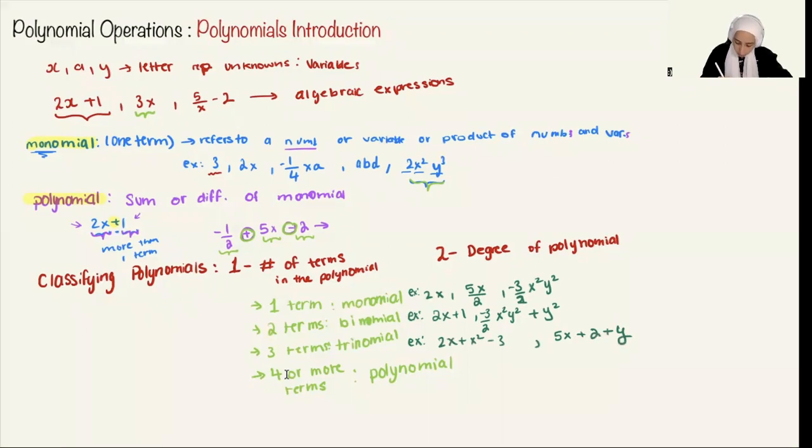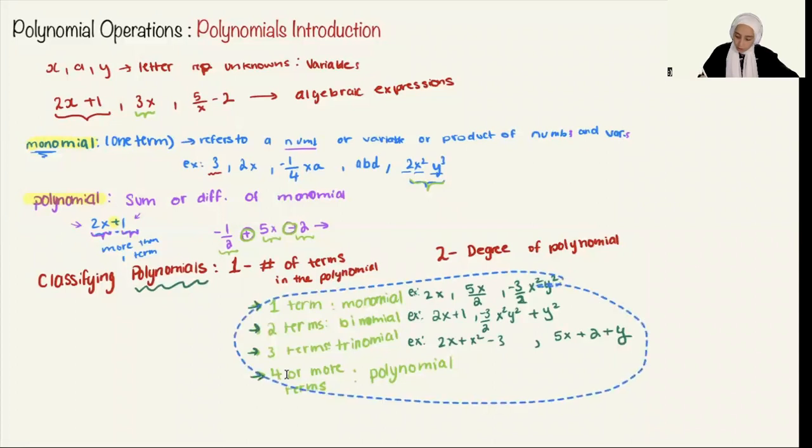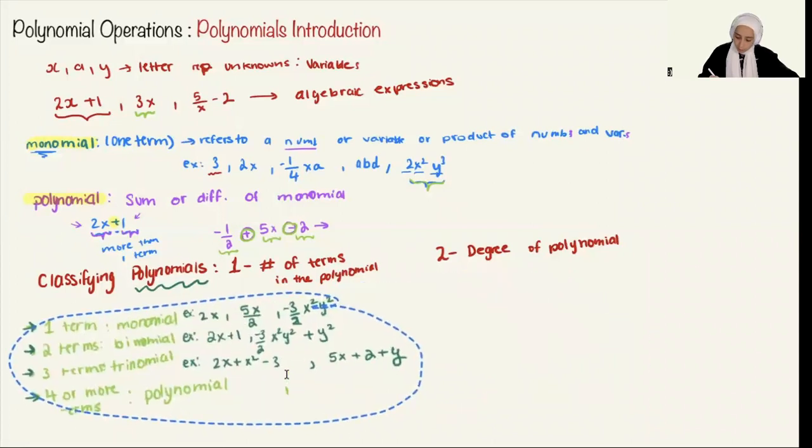So when we're classifying them first by the number of terms in the polynomial, I go 1, 2, 3, and then 4 or more. We just call them polynomials at that point. You don't classify them. You just go like it's a polynomial of 4 terms, or simply just call it a polynomial.